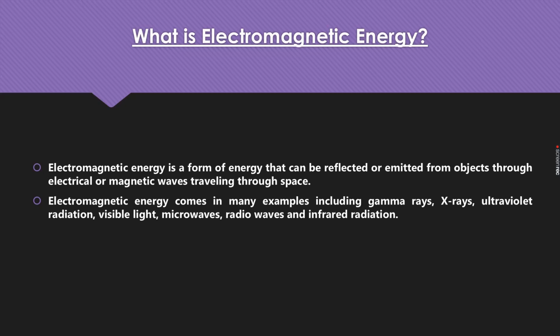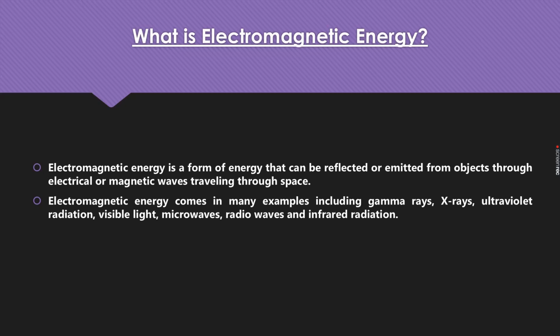The term electromagnetic is itself composed of two terms, electro plus magnetic. Electro means electrical and magnetic means magnetic waves. So, in simpler terms, electromagnetic energy is an energy form which can travel through space in either electrical form or magnetic form.